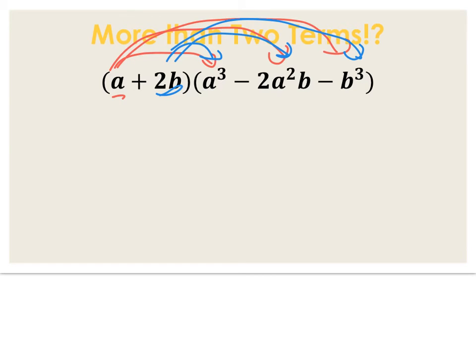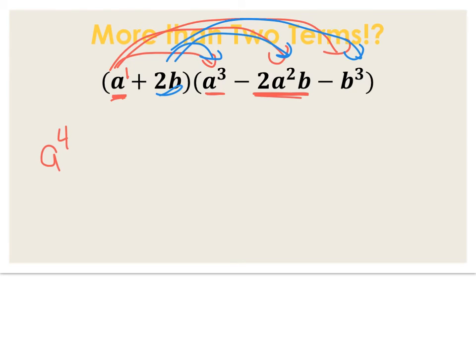So, here we go. I'm taking this first piece and I'm distributing it to this first piece. So I guess it is still first times first. A times a to the third, remember you're adding your exponents, a to the fourth. Then I'm taking my first piece times my middle piece.